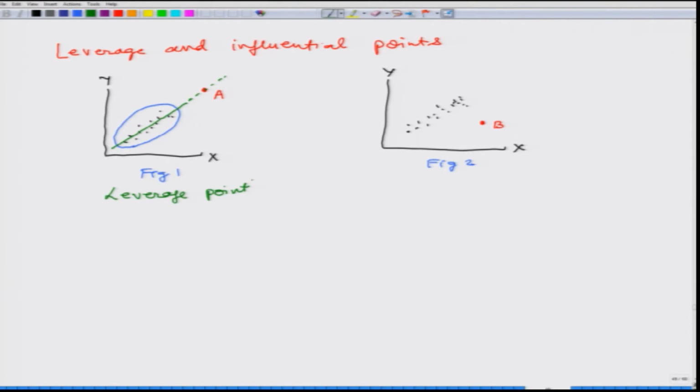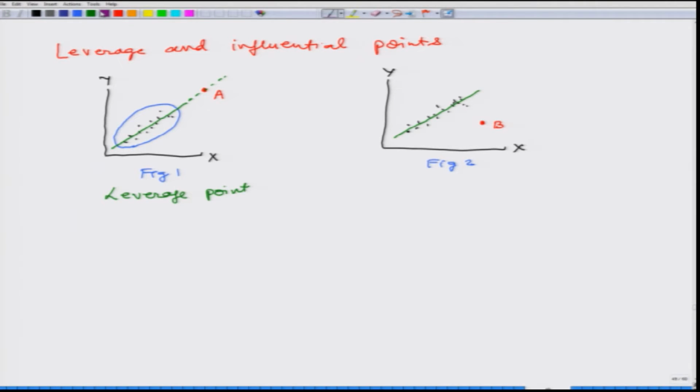Now, we consider figure number 2. Here, if I use the observations except the observation at point B, then the regression line is going to be obtained something like this. And again, point B is lying quite away from the existing points. But there is a difference.